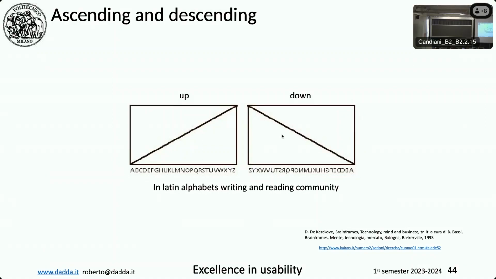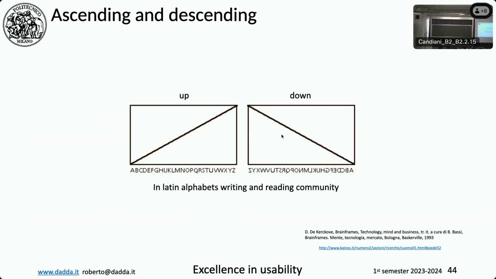But in our culture, we go from top down, left to right. So if you put something like this, you have the idea that something is going down. If you put something like this, something is going up.